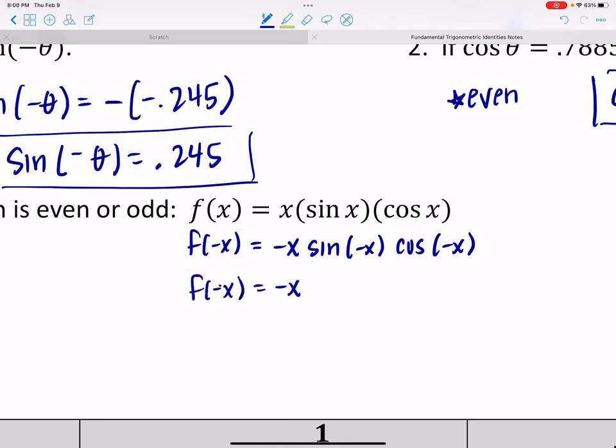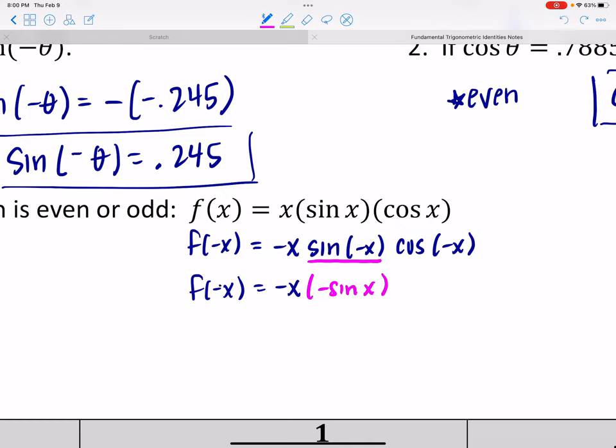Negative x, I can't do anything with that. But I know that the sine of negative x is going to end up being negative because that function is odd. If I put a negative input into sine, it makes the output negative. So this part right here, I can replace with a negative sine of x.